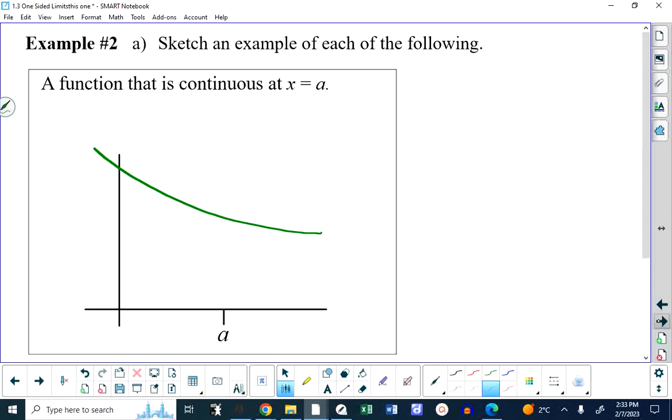I want to point out to you that this point right here exists. f of a exists, and f of a is equal to the limit as x approaches a of the function. This requires a considerable amount of unpacking and explaining.